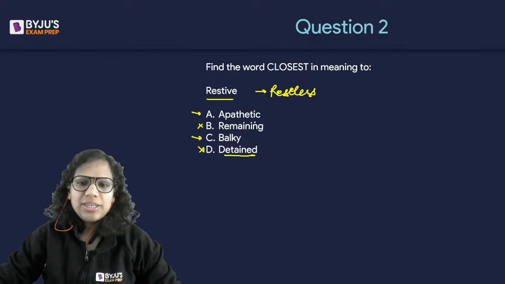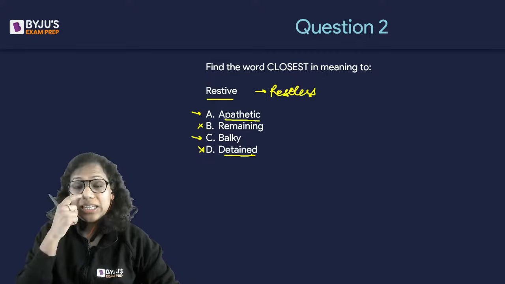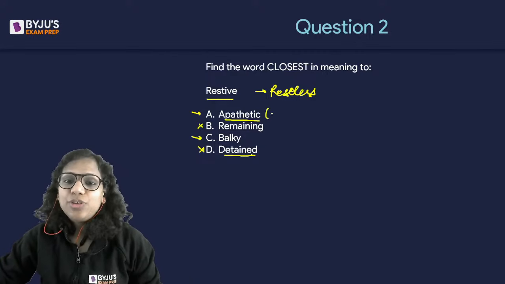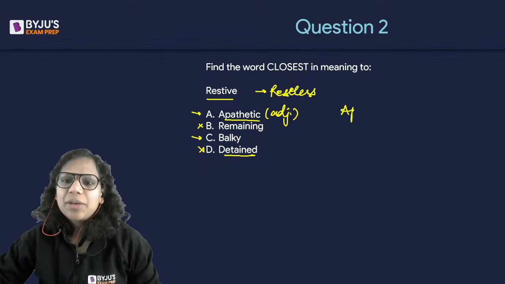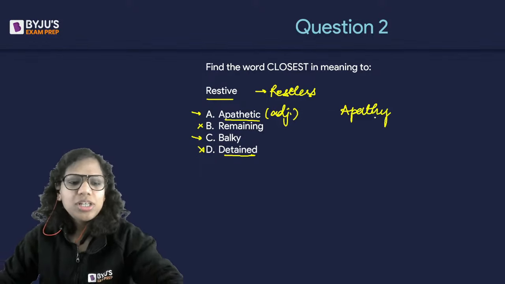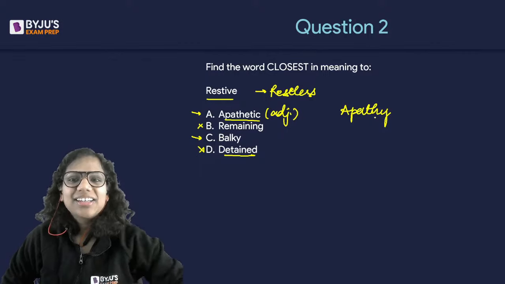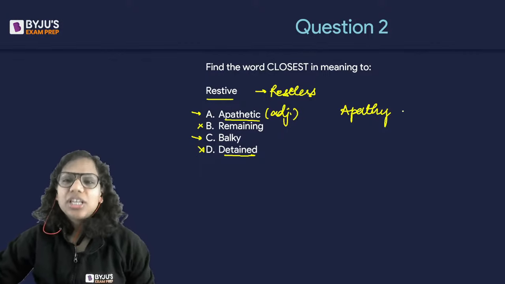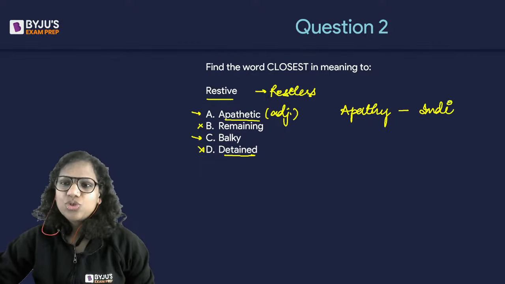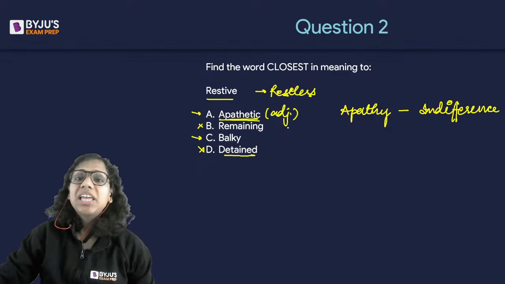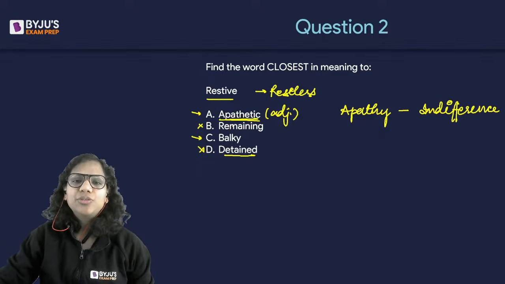Apathetic versus bocky. Now, apathetic is a common word, a high frequency word. This is an adjective. The noun form is apathy. What is apathy? When you just don't care, there's indifference. When you show apathy towards something, you are indifferent towards it.